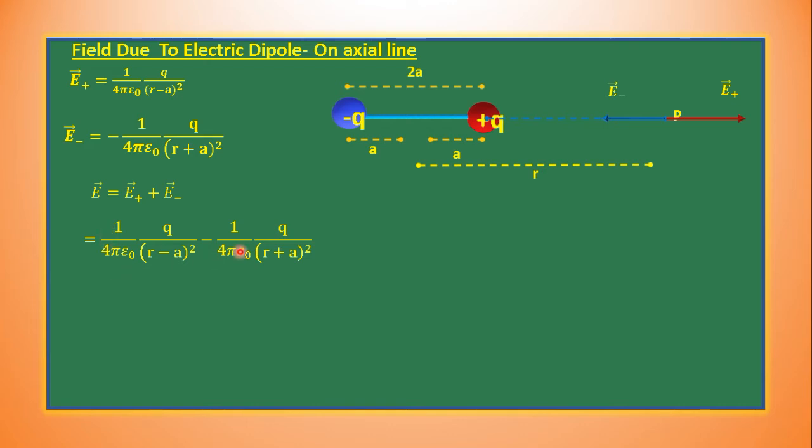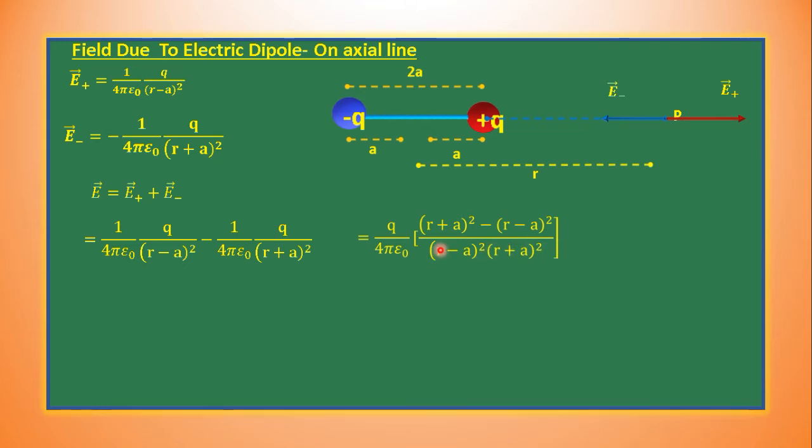This quantity 1 by 4 pi epsilon 0 into q is common in both, and I will take it outside. And here is 1 by (r minus a) squared, here is 1 by (r plus a) squared, that will be the LCM (r minus a) squared into (r plus a) squared. Now in this you can write (r plus a) squared minus (r minus a) squared by (r minus a) squared into (r plus a) the whole square.